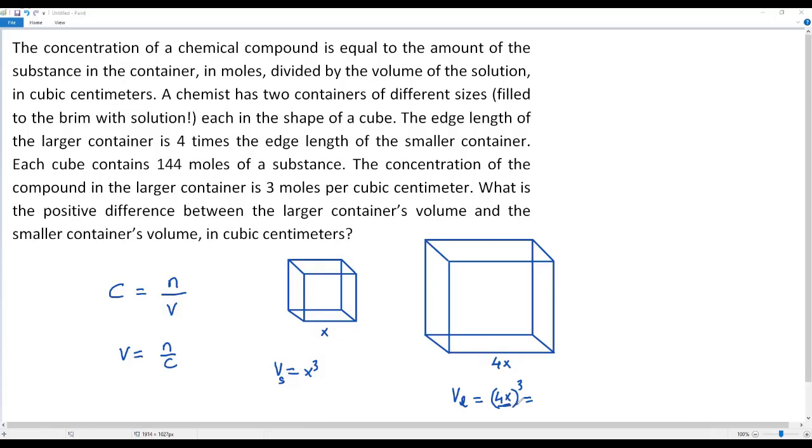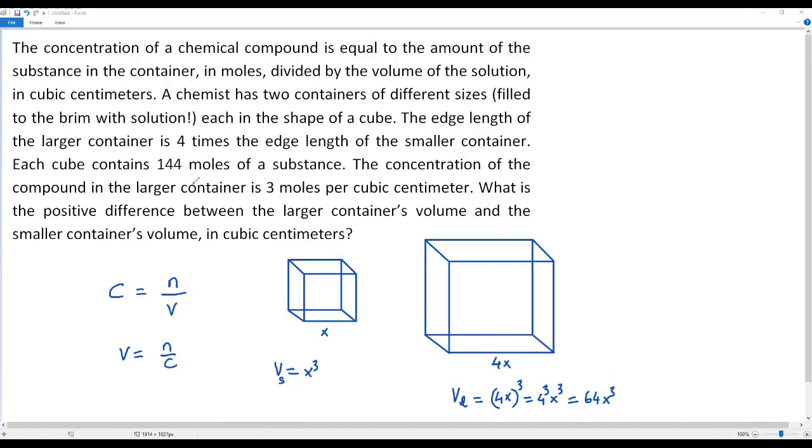Here 4 and x are multiplied and we have the exponent 3 in common, so we can take the exponent 3 separately for each value and multiply the results. Then I'm getting 4 to the third power times x to the third power. The value of 4 cubed is 64, that is 64x cubed. So the volume of the smaller container is x cubed and the volume of the larger container is 64x cubed.